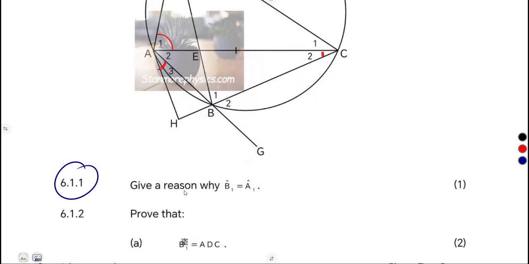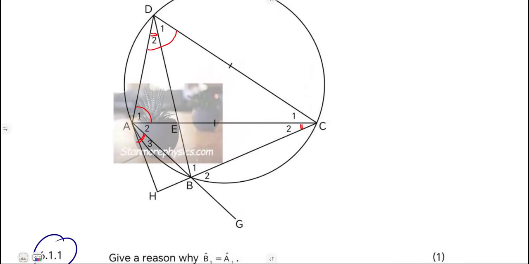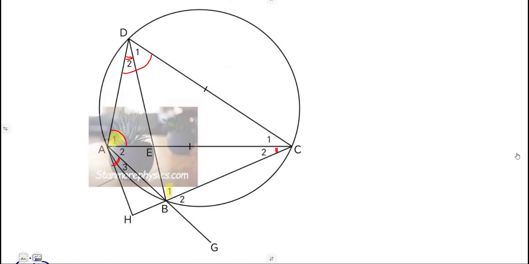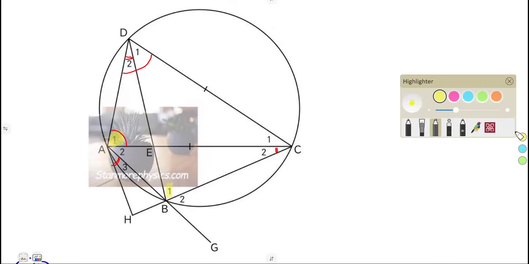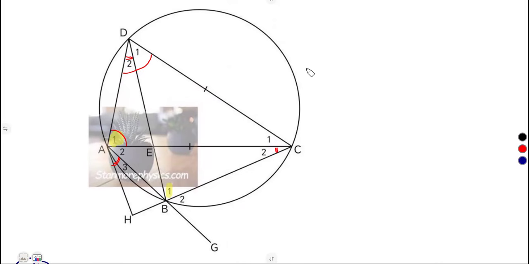6.1.1: Give reasons why angle B1 is equal to angle A1. We are already told that angle B1 is equal to angle A1. Angle B1 here and angle A1, these two, they are equal. The reason being they are in the same segment. These are angles in the same segment. They are equal, or angles subtended by the same chord.